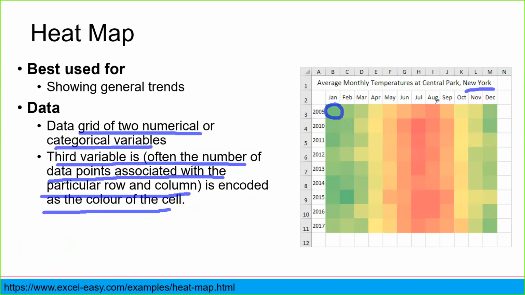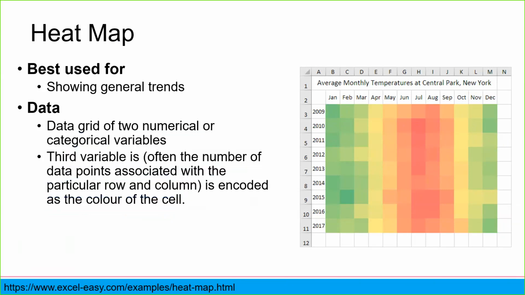So it becomes red. Based on the average monthly temperature, we can see that in 2010, somehow here, the temperature is the highest among the others. And based on this graph also, we can see that 2011 shows the lowest among the others.